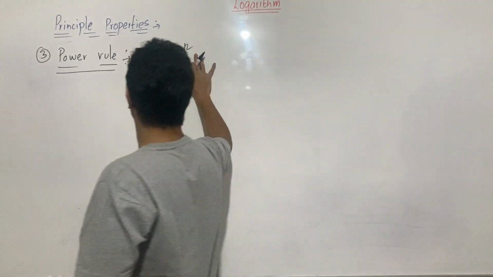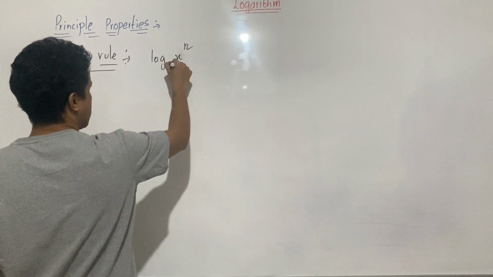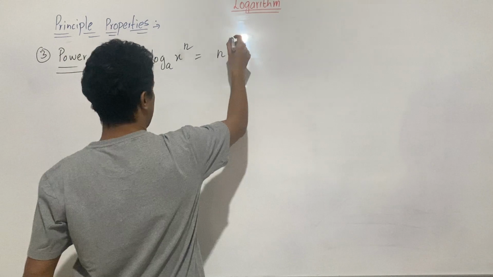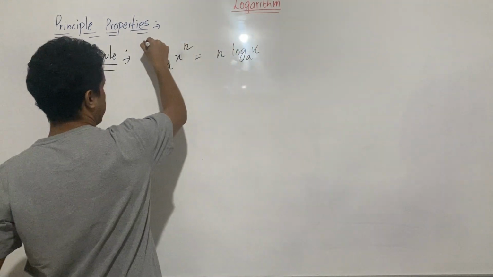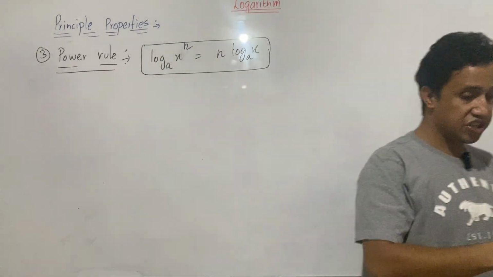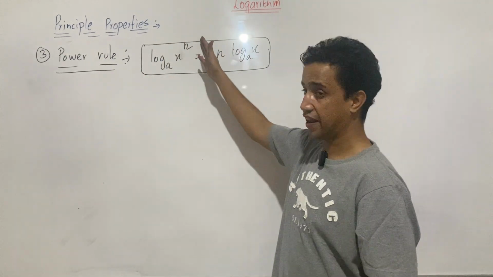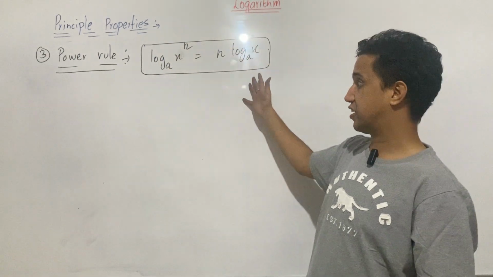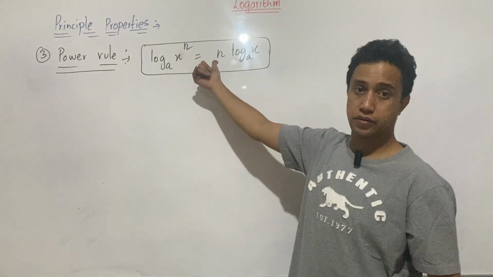So here we'll keep it, or you can just go for x. Log of x raised to exponent n to the base a is equal to n times log x to the base a. This is a very important property. This is the power rule, which says that log of x raised to the exponent n is equal to n times log of x, meaning the power will get multiplied.